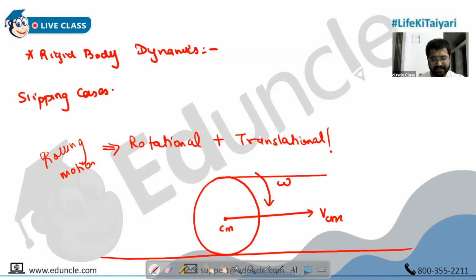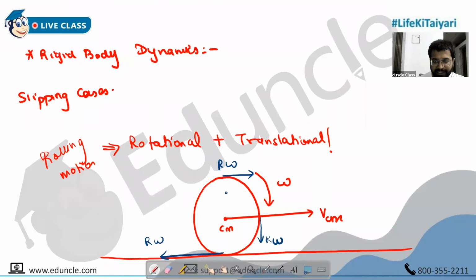Just a minute, I got lost for a while. So when any object rotates, the tangential velocity is given by r omega. At this point we have a tangential velocity r omega, here also, and here also.